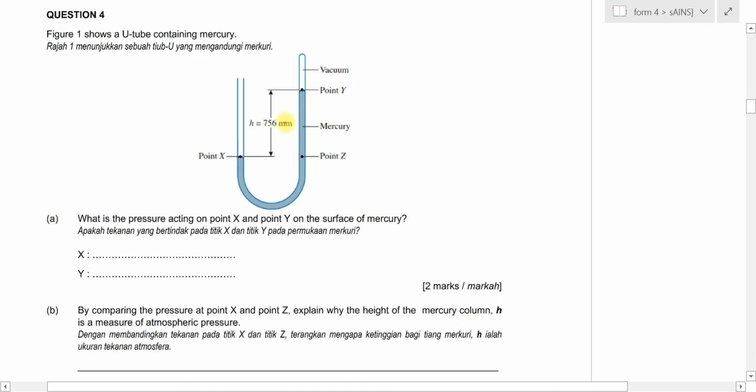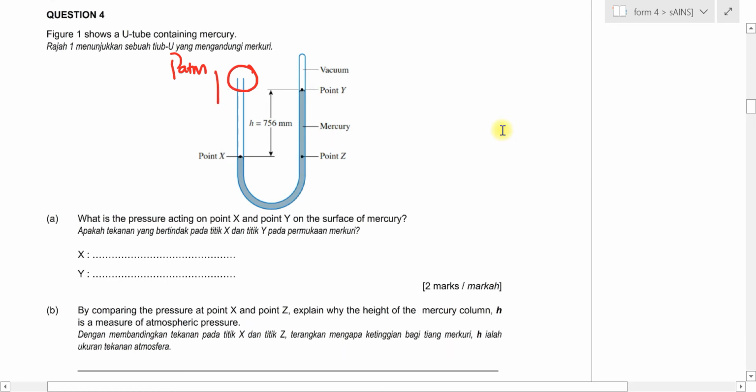So let's investigate this. They are not equal in length because this is the open end. So here only the atmospheric pressure is acting, that pushes this. Actually, it should be balanced like this, initially. But when you have atmospheric pressure, it will push up the mercury. That's why we have a difference here.